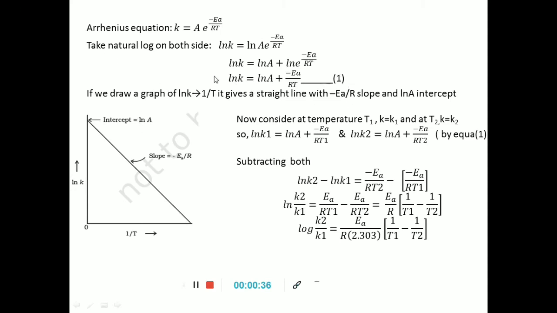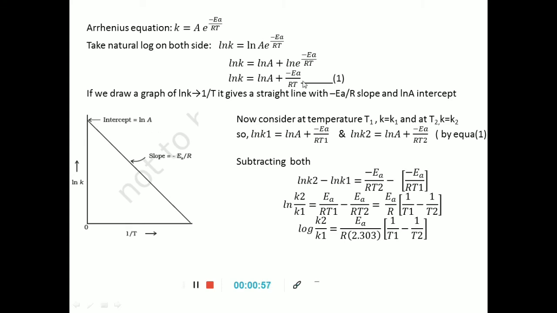If we draw a graph of ln k versus 1 by T, we get a straight line, and the slope of that line will be minus Ea by R, and the intercept will be ln A.